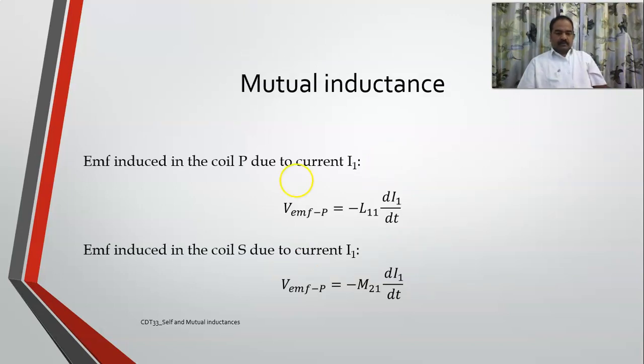So how to determine the EMFs then? The EMF in the primary coil is equal to minus L11, the self-inductance, due to the change in itself. Whereas for V2, the secondary coil, the inductance will be the mutual inductance, and the current is because of the primary coil.